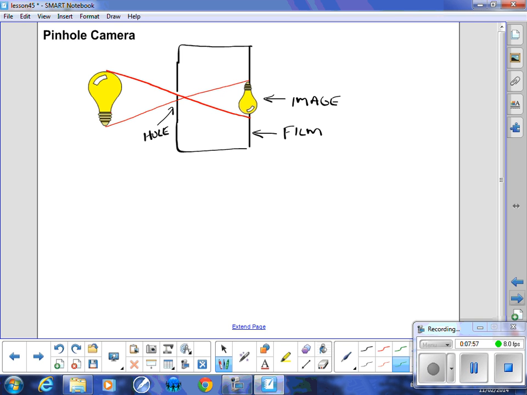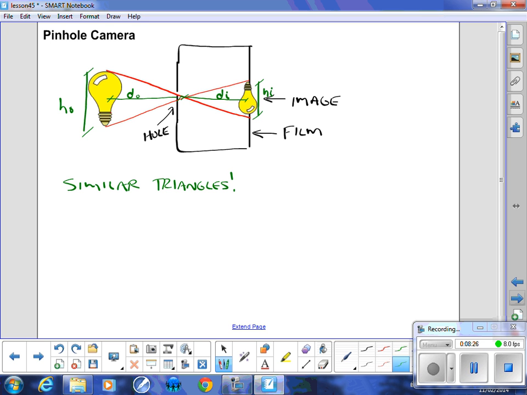The measurements then: here we have the height of the object. Here we have the distance of the object away from the screen, so DO. This would be the distance of the image from the box, and then there is the height of the image. So what you see is we have similar triangles, going way back to grade 10.